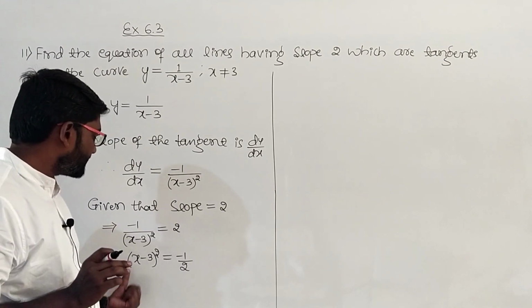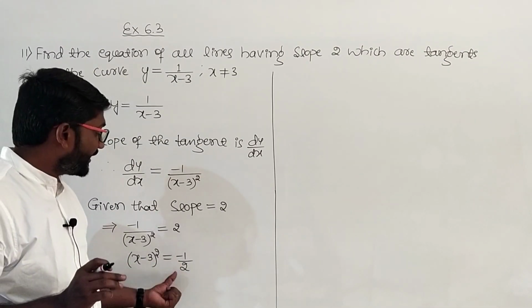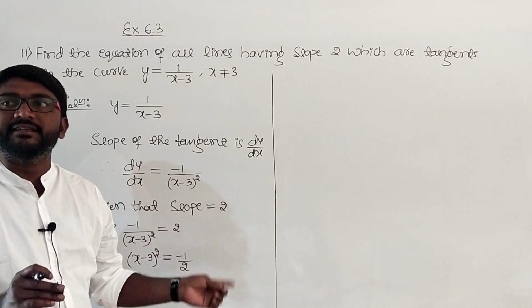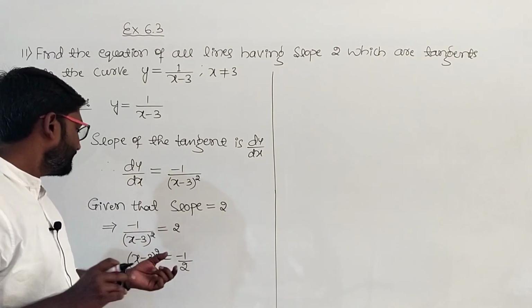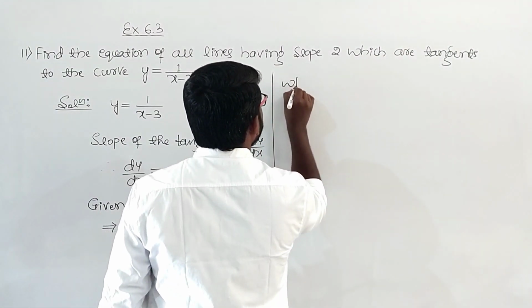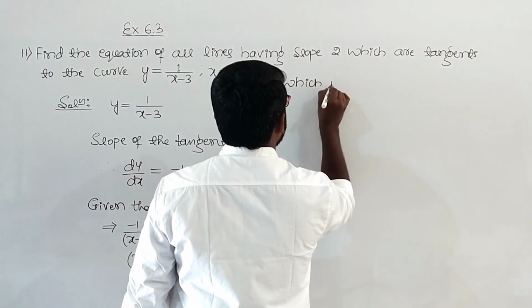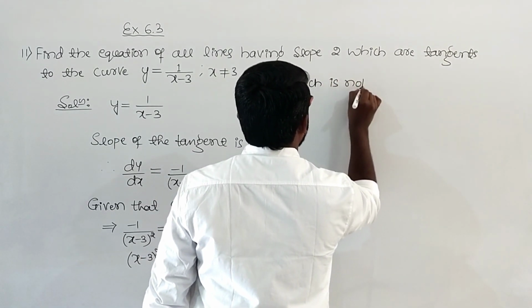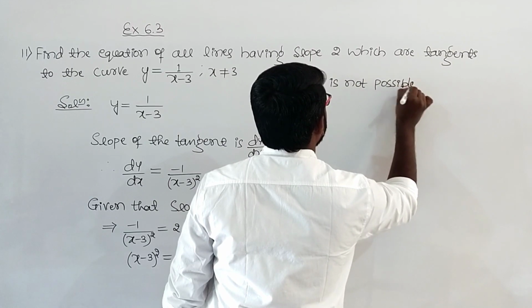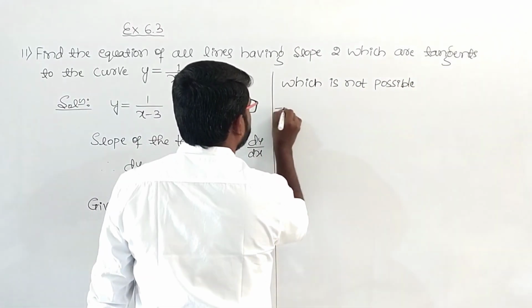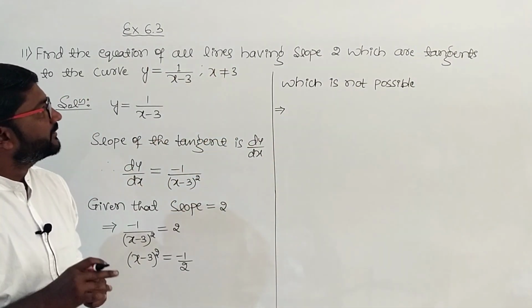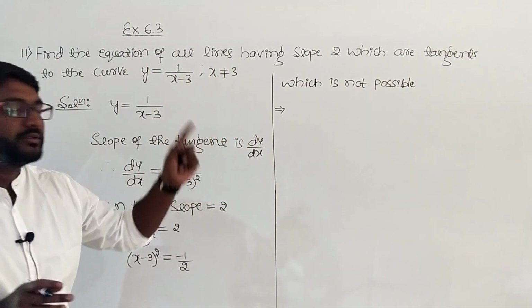If you take the square root on both sides, you get the square root of minus 1 by 2, which is not possible in real numbers. It is valid only in case of complex numbers. So here we write: which is not possible. This implies there is no tangent for this given curve which has slope 2.